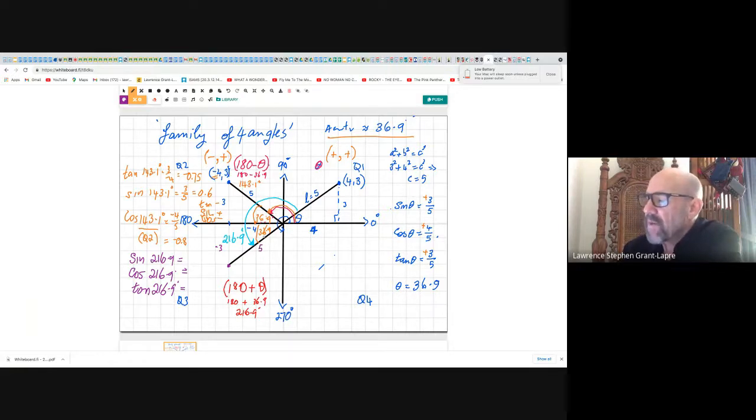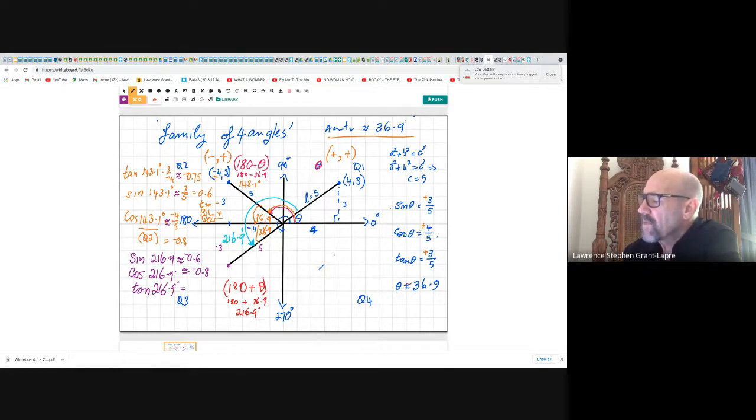Sine is opposite over hypotenuse, -3/5. So -0.6. Cos is adjacent over hypotenuse. Negative 4 over 5 is negative 0.8. Tan, and I'll put approximately here because it's not exact, all of these are approximates.